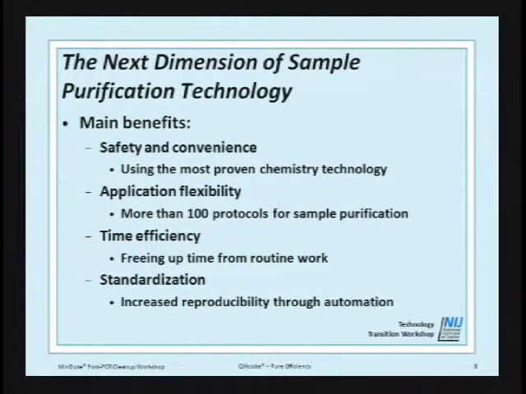The shift from manual to automation processing of your samples basically gives you the safety and convenience of using a proven chemistry, as well as flexibility within the platform that you're using, and making you more efficient and standardizing your results through automation.